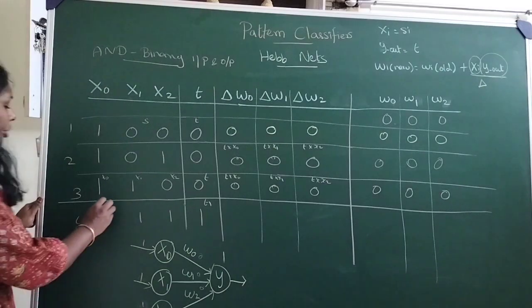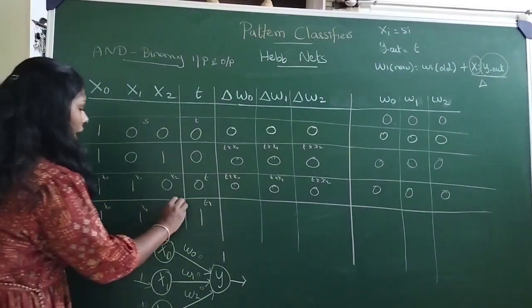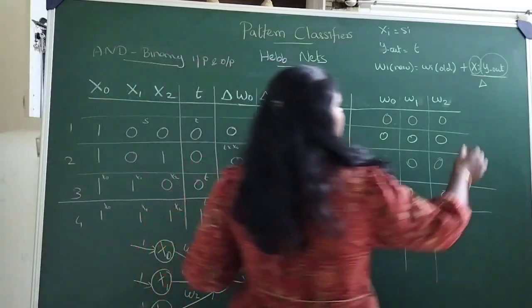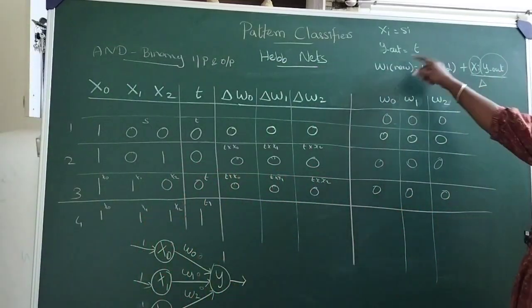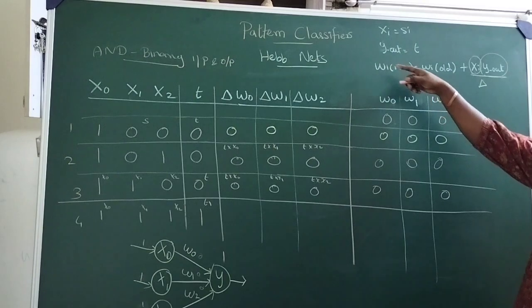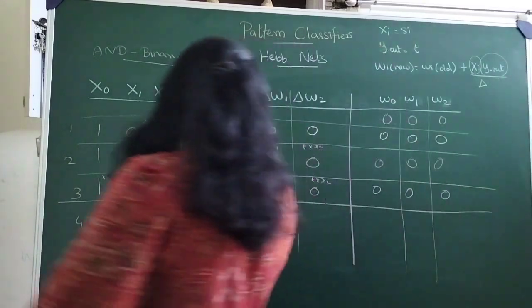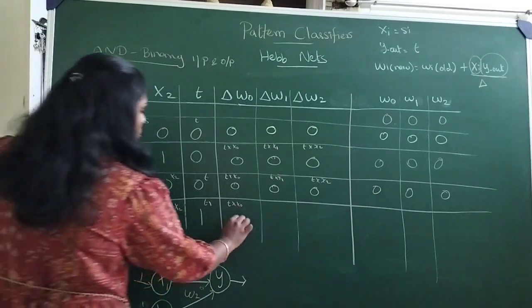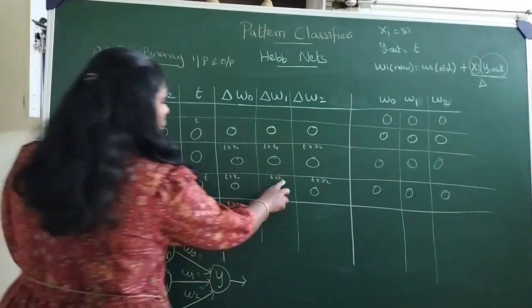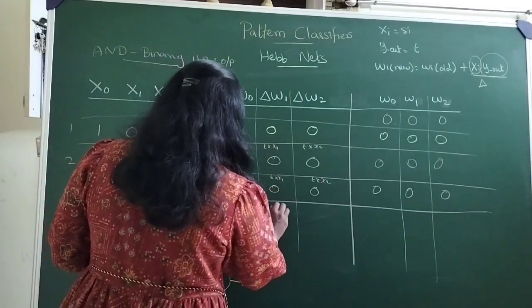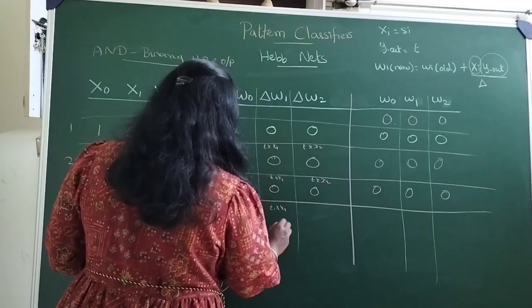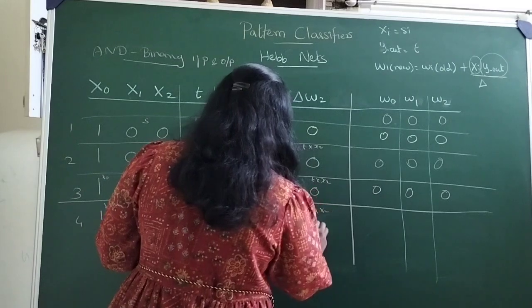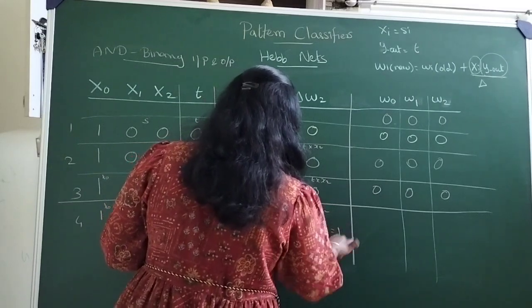Okay, so when I take all this x0, x1 and x2, the weight adjustment formula is xi into y out. Y out is again the target value. So directly I can multiply this target value into x0, which is 1 into 1 is 1, t into x1, 1 into 1, and again t into x2, 1 into 1 is 1.